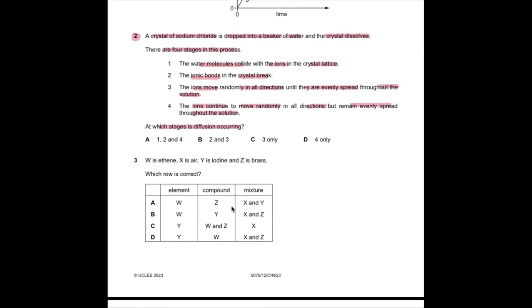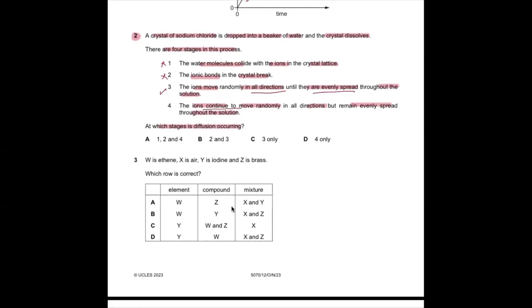So diffusion is the mixing of particles and the movement of particles, right? So over here, stage 1 is not a diffusion, right? Stage 2 is not a diffusion. The ions move randomly in all directions until they are evenly spread, so that is diffusion.